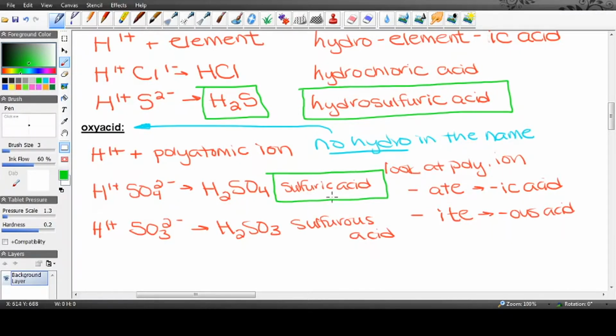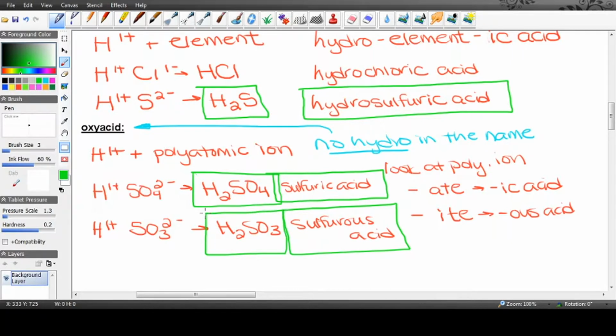That means that you have something bonded to the polyatomic ion with the sulfate in it, with the oxygen in it and the sulfur in it, the ate version. So that is a very different acid than H2S. And then if you have sulfurous acid, you're talking about the polyatomic ion's ite version, H2SO3.